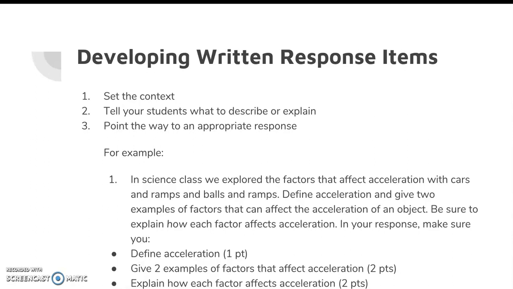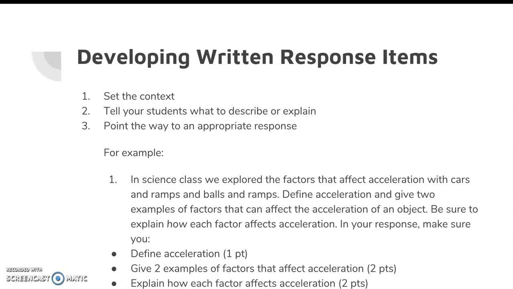Show them, for example, that I'm going to give 1 point for a clear definition of acceleration, 2 points for factors that affect acceleration, and if you can also explain how each factor affects it, that's another 2 points. This also helps you as the teacher begin to develop your scoring guide, which is the second part of developing written response items.